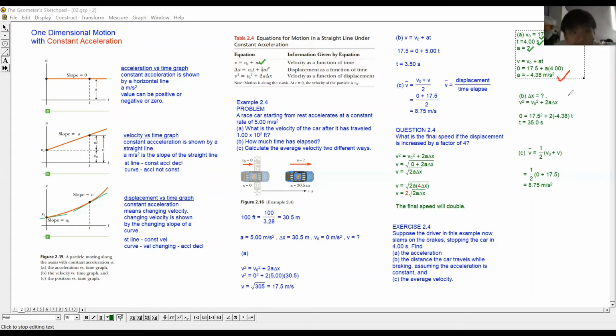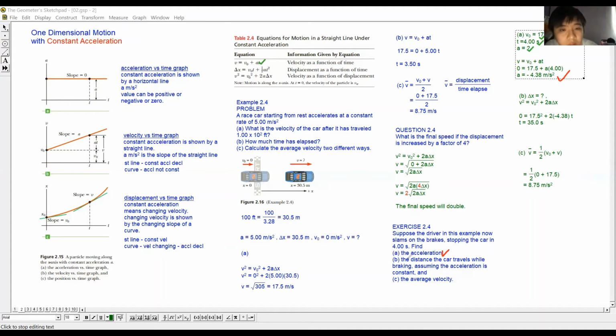Finally we found the deceleration is 4.38, but if they ask for the acceleration, you just tell them acceleration is negative 4.38. If you are talking about deceleration, then it is 4.38 without the negative sign, because deceleration means negative already, so you don't have to mention it.